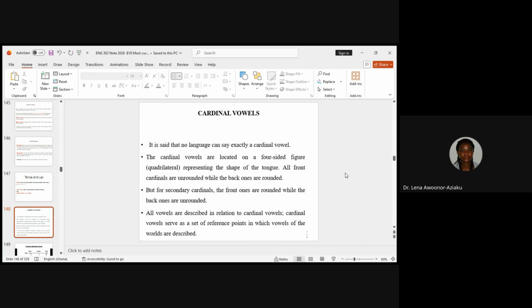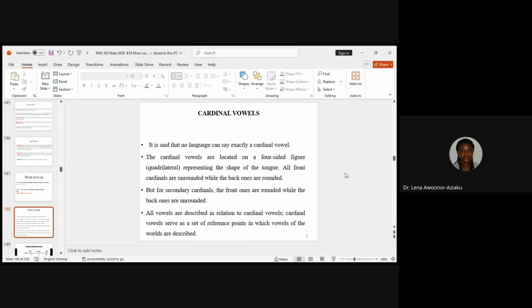And he put this into two, primary and secondary. So we can say that cardinal vowels are reference vowels. If you say there are vowels in English, then it is because there are vowels that are described in relation to these cardinal vowels.